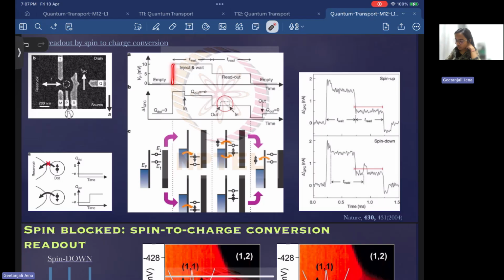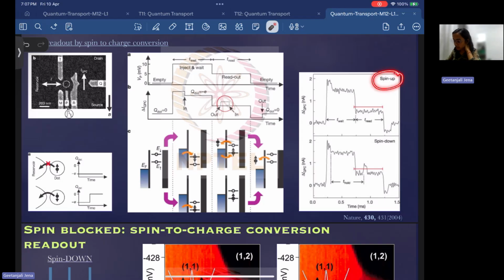Now, when we are increasing the voltage, we are pulling down these Fermi levels such that both the 0 and 1 states, or spin up and spin down states, are below the Fermi level. And for this case, when we increase this voltage, there will be an electron tunneling into this quantum dot, and there will be an increase in delta QPC because of this electron tunneling event.